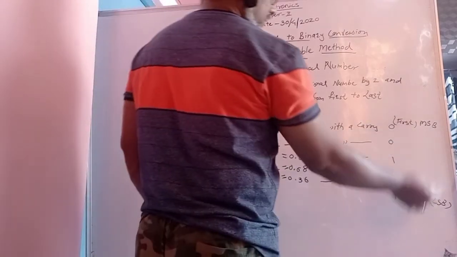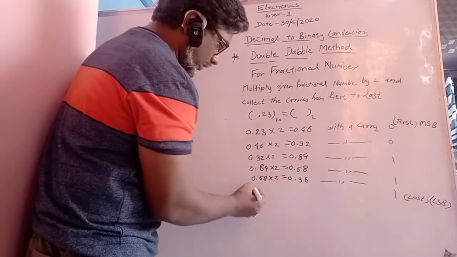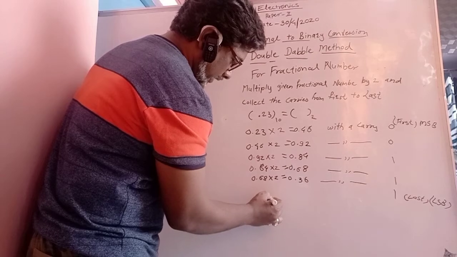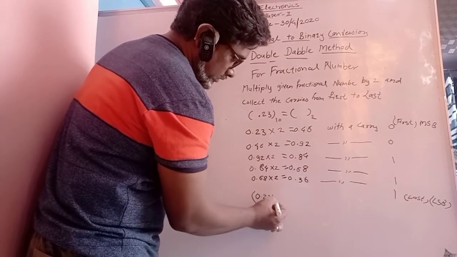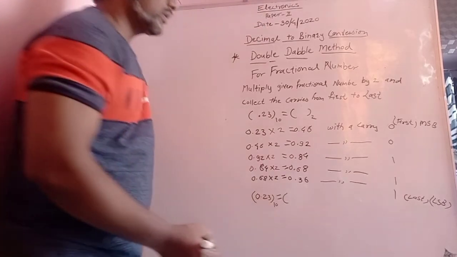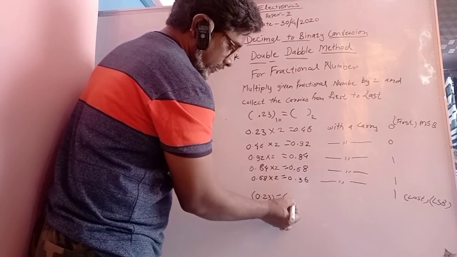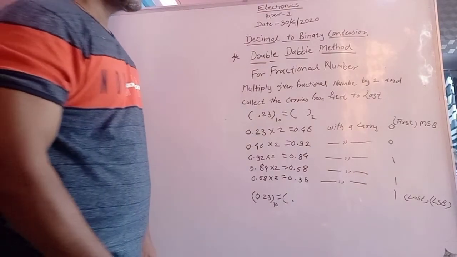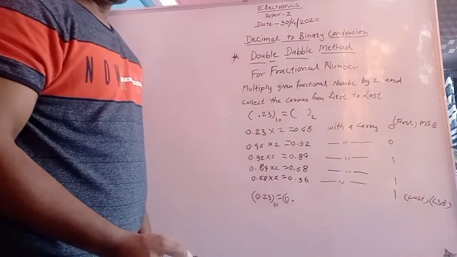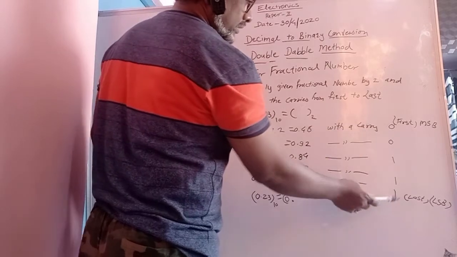Then you have to write 0.23. So this is in decimal form, and you have to write it in binary form. In this case you have to write the binary point. So you can also write 0 here. Then write the carries from first to last.